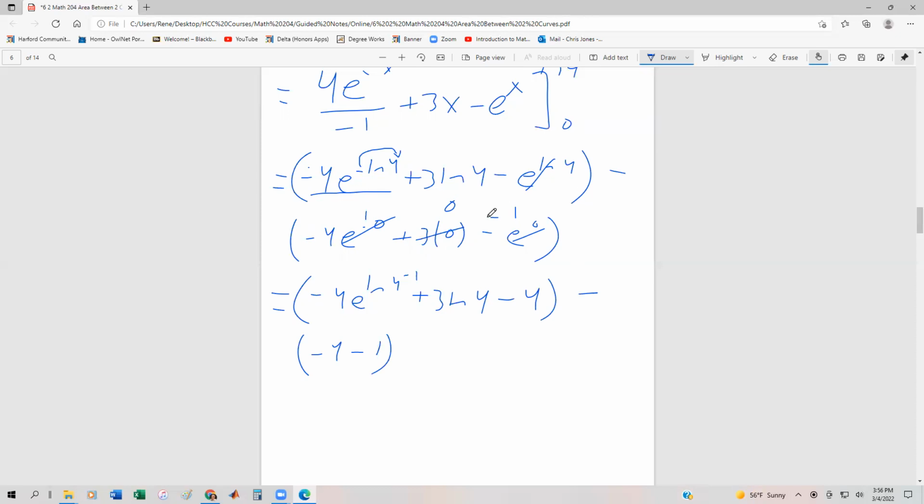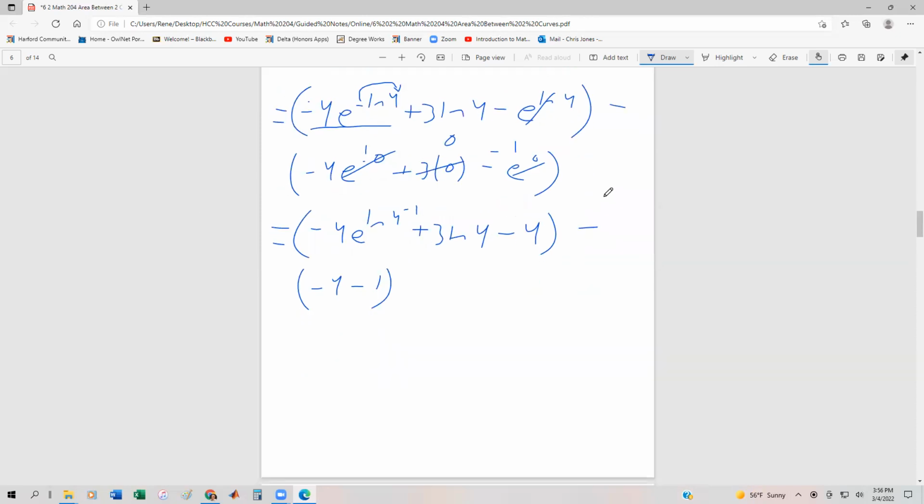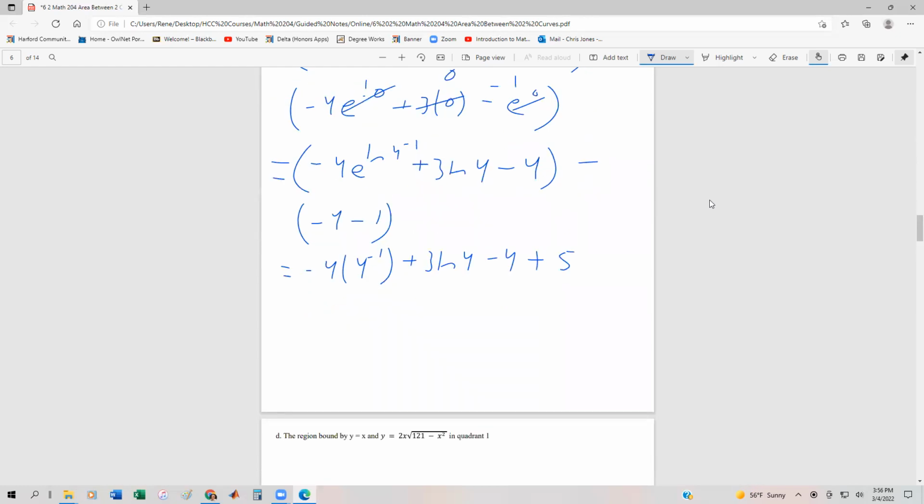So this is going to be minus 1. And what we end up with actually works out really nicely at this point. This is going to be negative 4 times 4 to the negative 1 plus 3 ln 4 minus 4 plus 5, right? After all that's said and done, this is actually really cool because we know that 4 to the negative 1 times 4 is just going to cancel out to be negative 1.